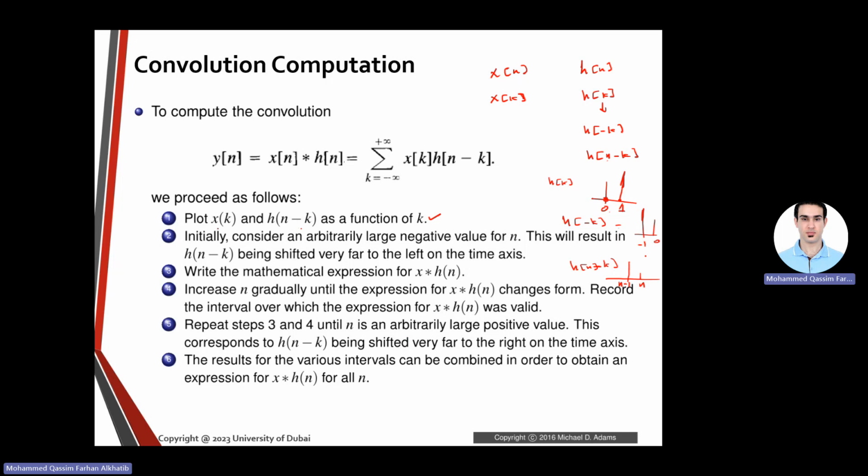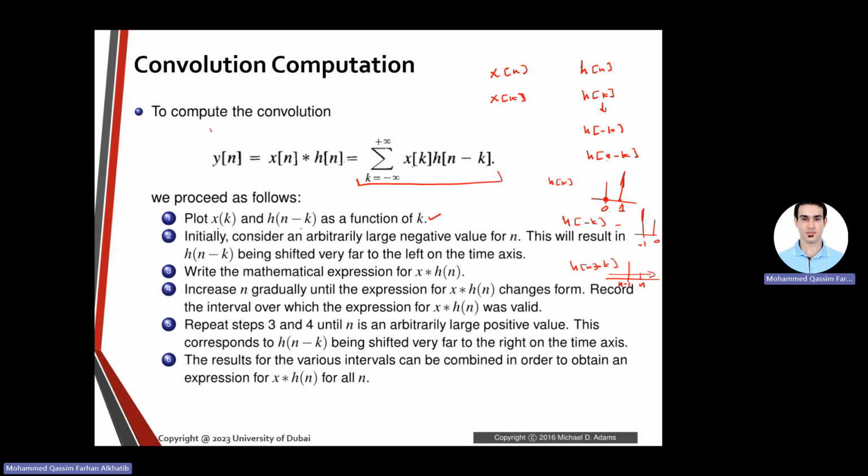So instead of each point here, I'm shifting to the right by the value of n. This will result in h of n minus k being shifted very far to the left on the time axis. Then to do this mathematical operation, you start sliding this one with respect to x until there is an overlap. Or you can just look at this function: I have x of k, I have h of n minus k, then I do the summation for all possible values of n.